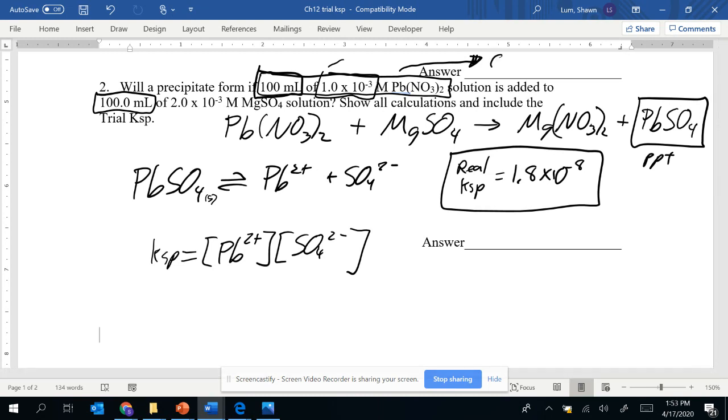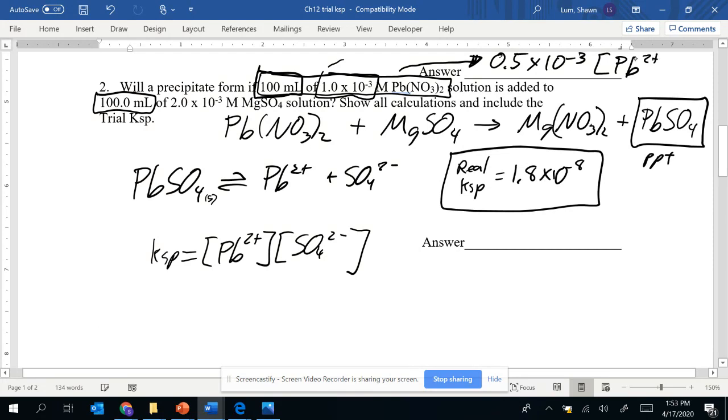So it's going to be 0.5 times 10 to the minus 3, or you can say 5.0 times 10 to the negative 2. So that's going to be the concentration of lead right there.